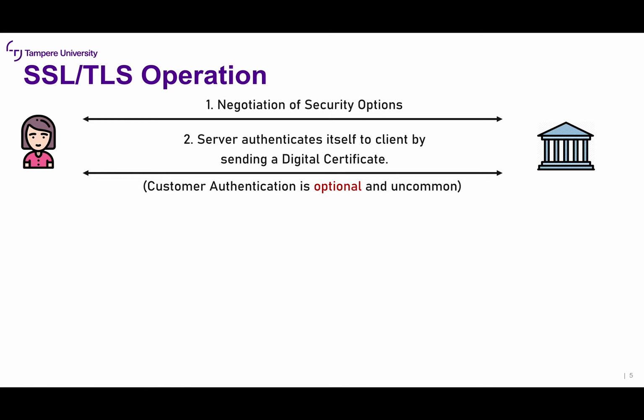After the end of that phase, we move to the second phase where the server uses its digital certificate to authenticate itself to Alice. So Trent will send his certificate to Alice. Upon reception, Alice will verify the identity of Trent by looking at the certificate.